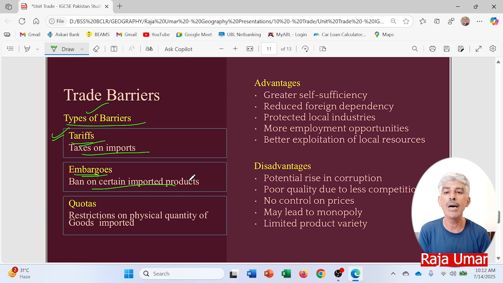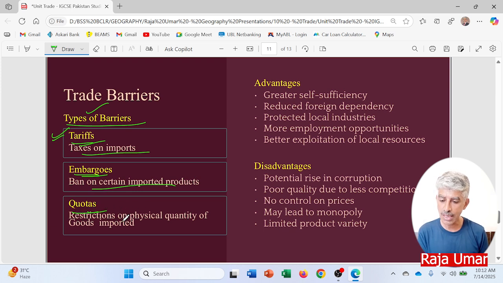That led to the imposition of that embargo on Pakistani products. In the same way, an embargo is imposed on Pakistani fish products, as it is said that Pakistani fish processing is under unhygienic conditions, and that fish can be really dangerous for human health. That's why the European countries have imposed a ban on Pakistani fish products. That is also known as an embargo.